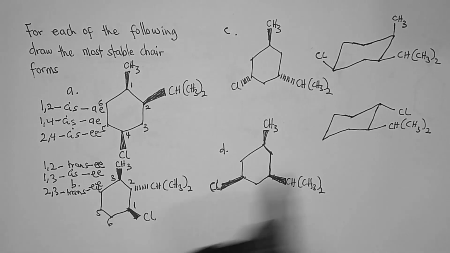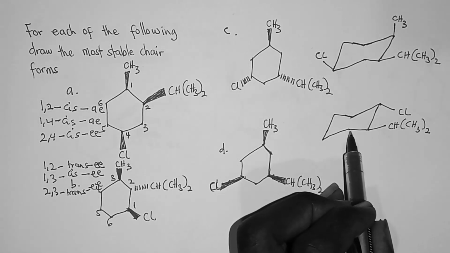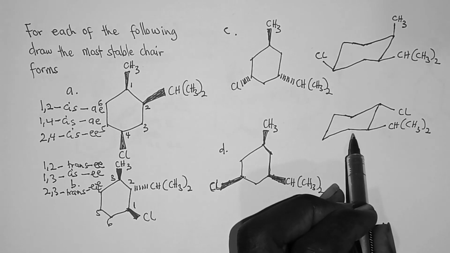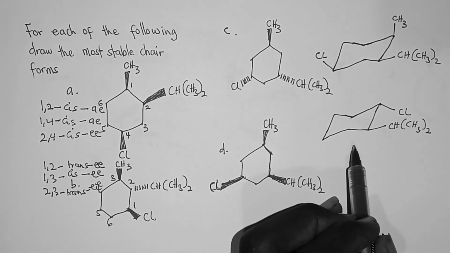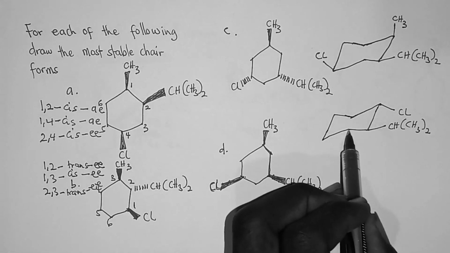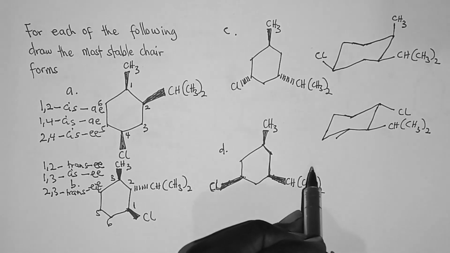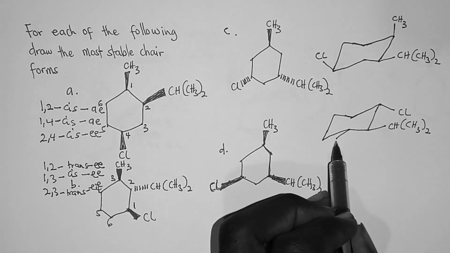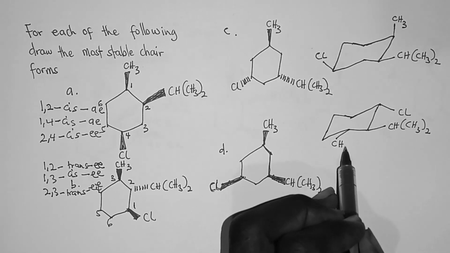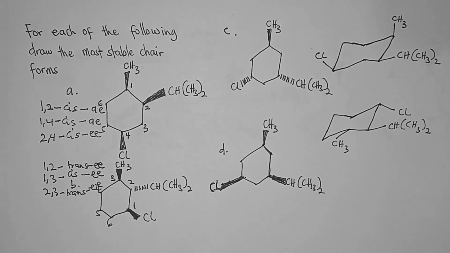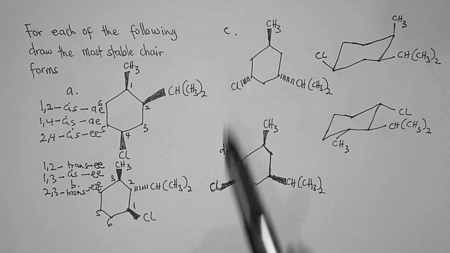And then apart from that, we come to carbon number 3. And this carbon number 3 is the CH3, and the CH3 has to also be in the equatorial position. So here is a CH3. So this is the most stable chair conformer for this molecule.